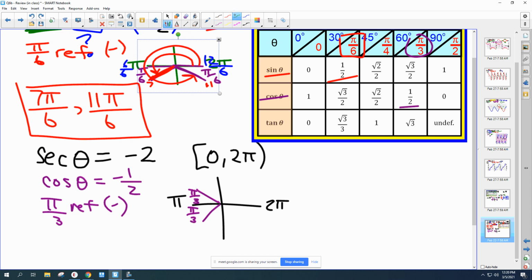So get a common denominator and call this 3 pi over 3, and you can call this 6 pi over 3, but we don't really need it. This is just before 3, so it must be 2. This is just after the 3, so it must be 4. The answers are 2 pi over 3 and 4 pi over 3.